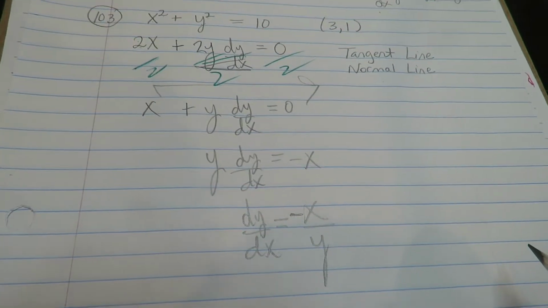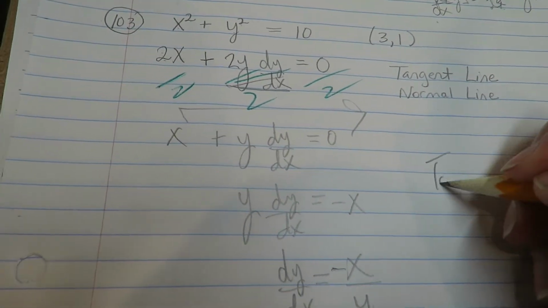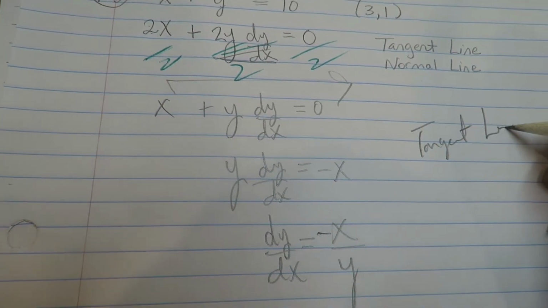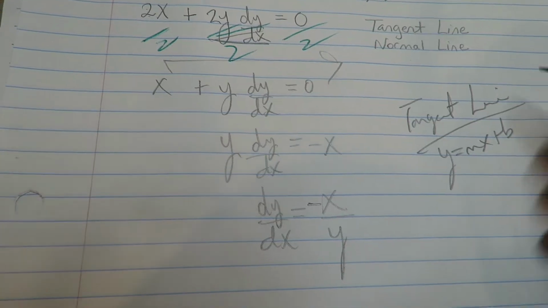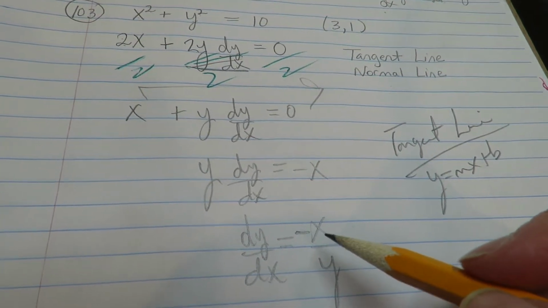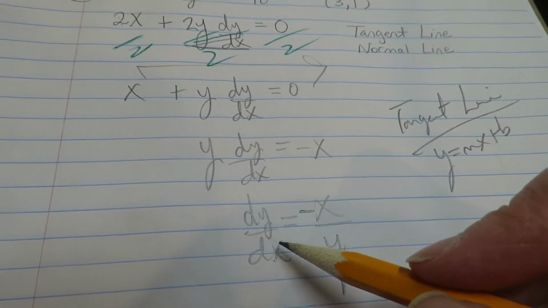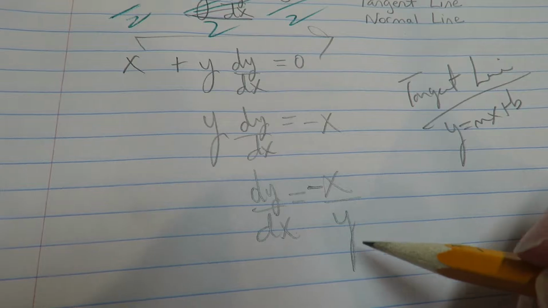All right, so this is a derivative, and the tangent line is what we've been doing for a while. You guys are very familiar with this. We're going to do the y equals mx plus b, right? So first I have to find m. What's a little different here is that the derivative is not just a function of x, it's a function of x and y.